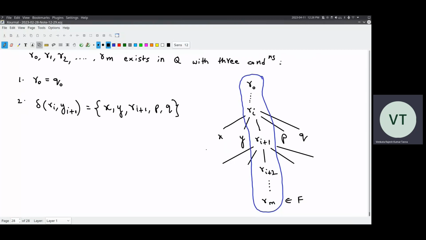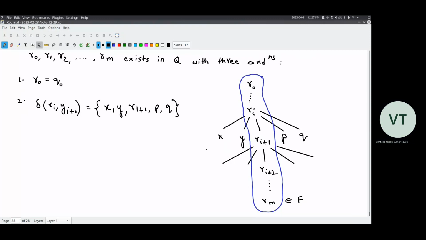So we can't formally represent the output of delta of Ri comma omega i plus 1. We can't explicitly mention that entire set of states. But we know Ri plus 1 belongs to this level, is one of the members in this level. That much information we have.